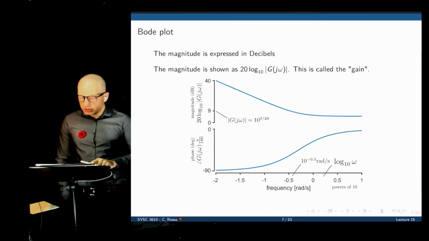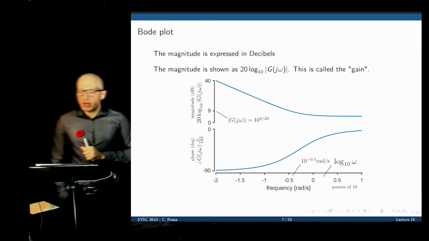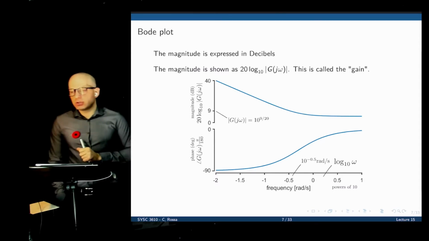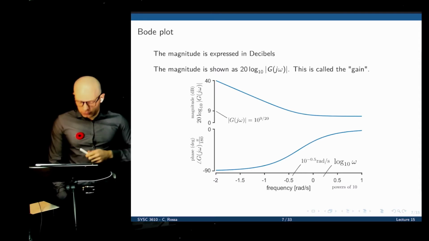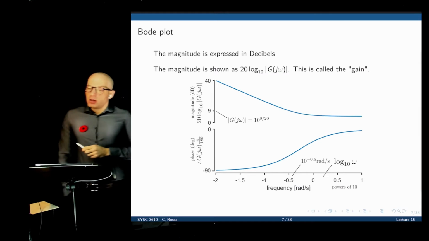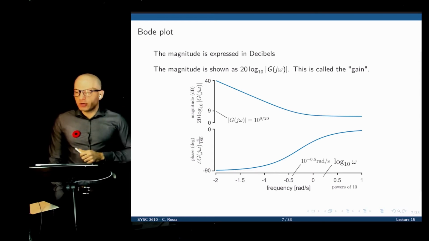So there's another little complication that we are going to use here: for the magnitude, we are going to express it in a specific unit called the decibel. This comes from when the telephone was invented. They wanted to check what was the minimum detectable change in magnitude that would result in a noticeable change in volume, and it turned out to be the decibel.